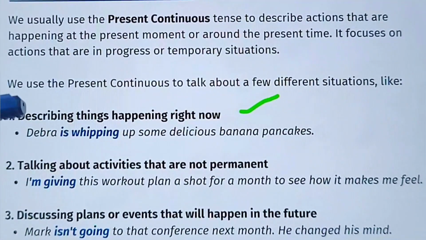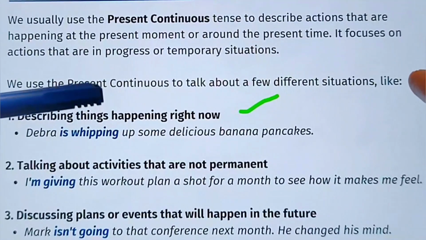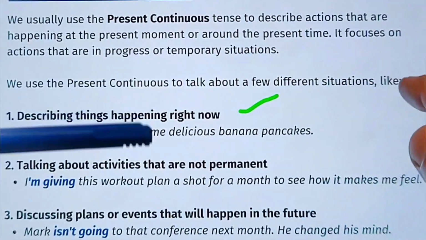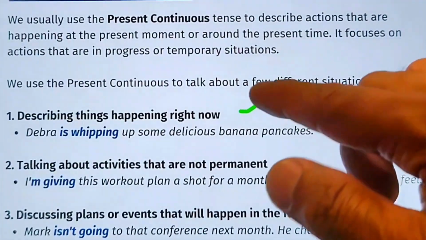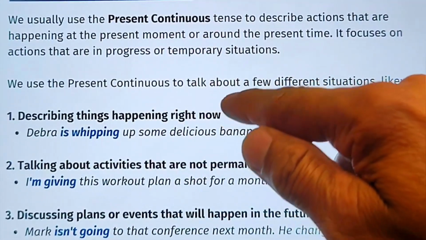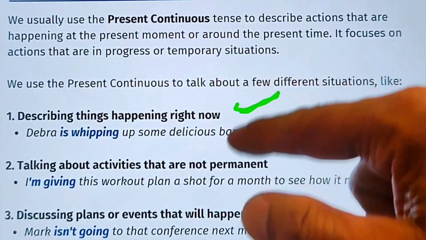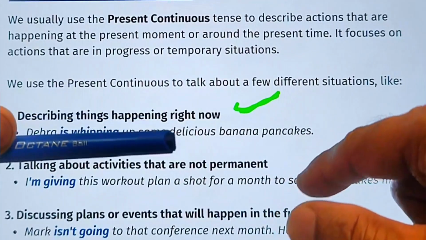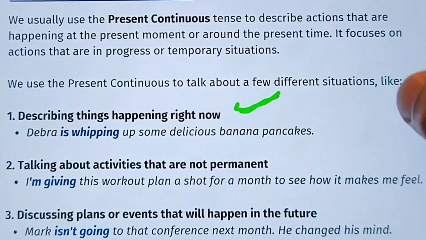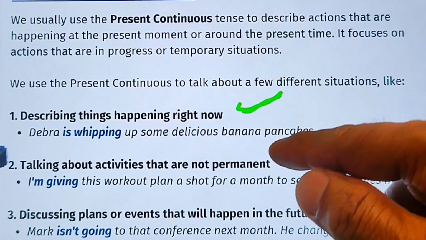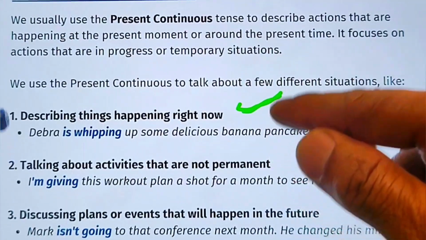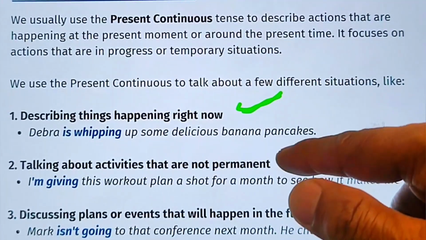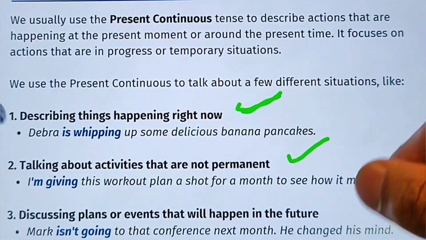We use the present continuous to talk about a few different situations, like describing things happening right now. Deborah is whipping up some delicious banana pancakes. And next here, talking about activities that are not permanent.